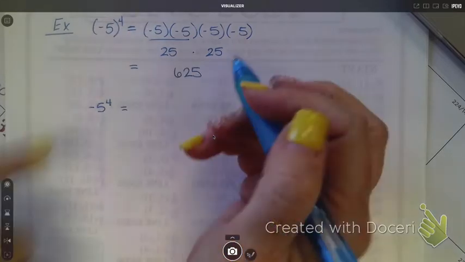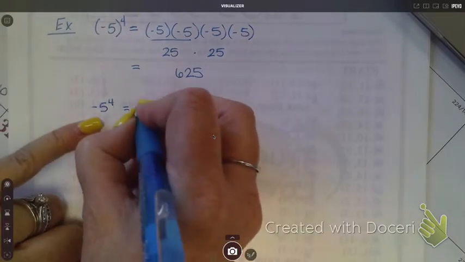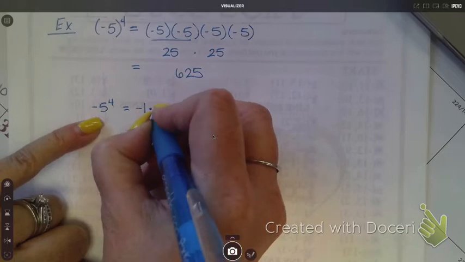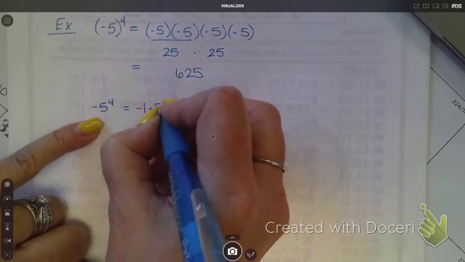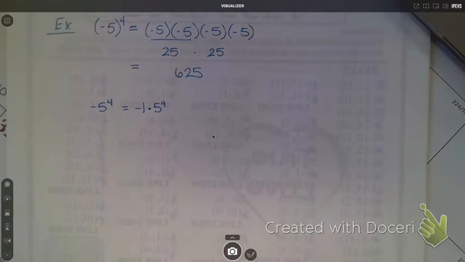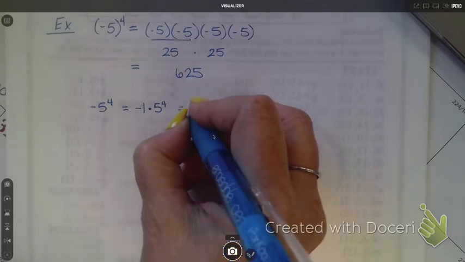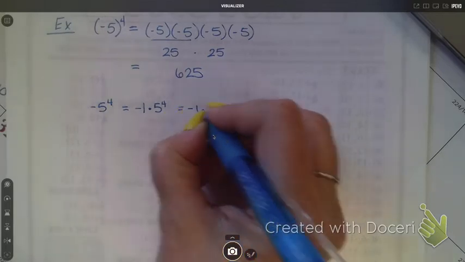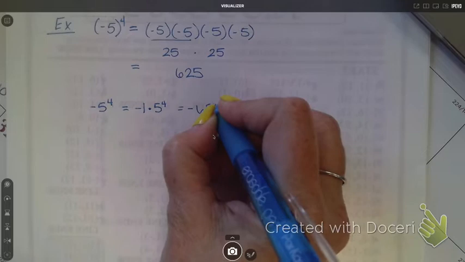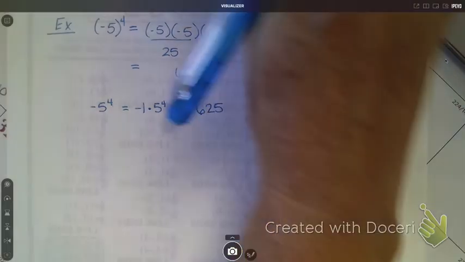Well, this, though, is really -1 times 5 to the 4th. So how would that change my answer? It's going to make it negative. So the answer is actually -625. All because of those little parentheses.